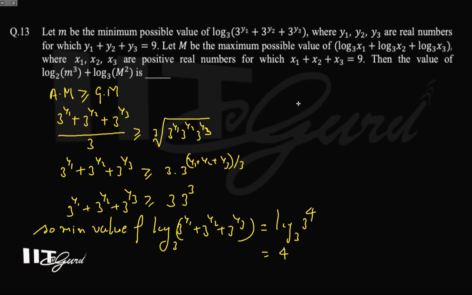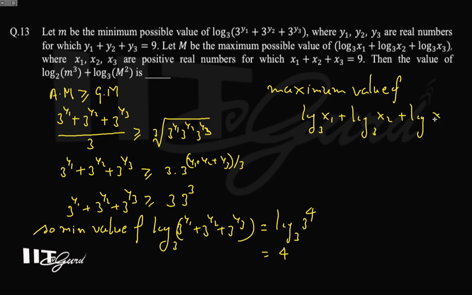So let me write the maximum value of log of x1 to the base 3 plus log of x2 to the base 3 plus log of x3 to the base 3 is equal to log of x1 x2 x3 to the base 3, this is the formula for log.